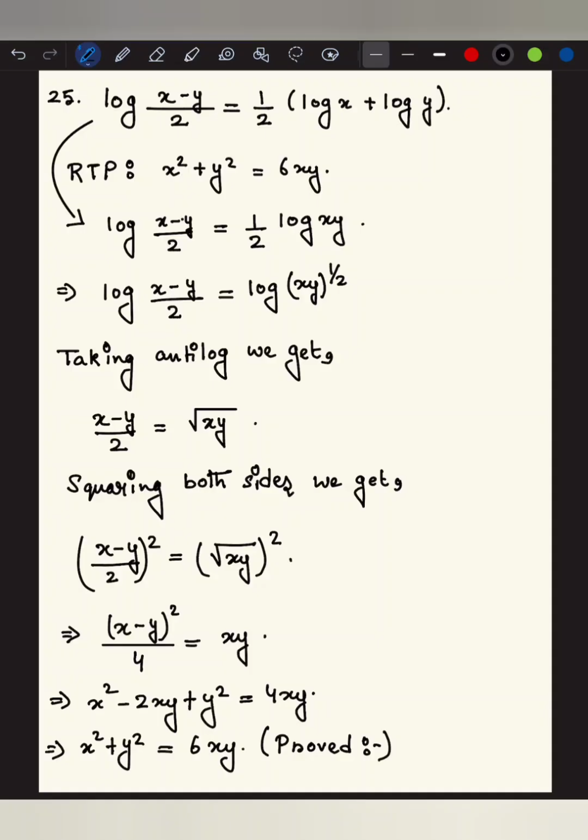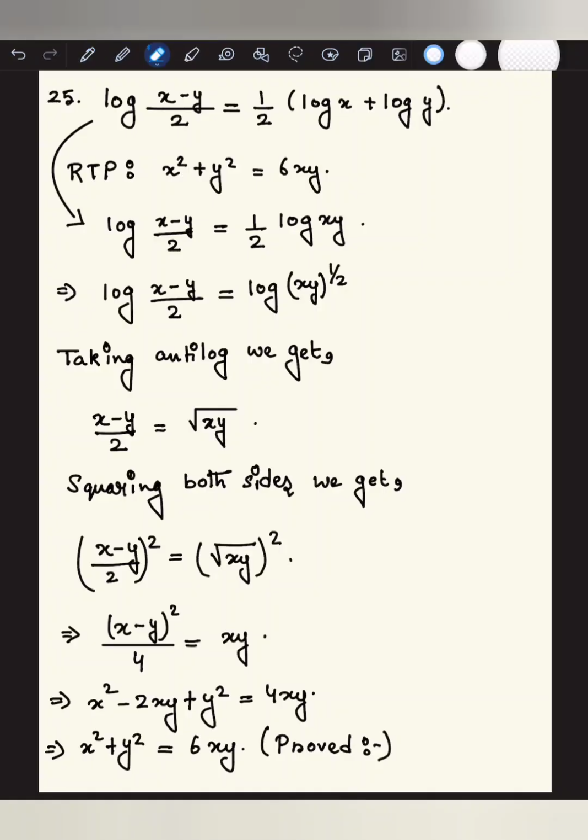So log of (x minus y) by 2 is equal to what? Half log xy, because log x plus log y is equal to log of xy, which implies log of (x minus y) by 2 is equal to, I am taking this half inside, so we can write it as log xy whole to the power half, right? Now taking anti-log, we get (x minus y) by 2 is equal to xy to the power half, which means root xy.